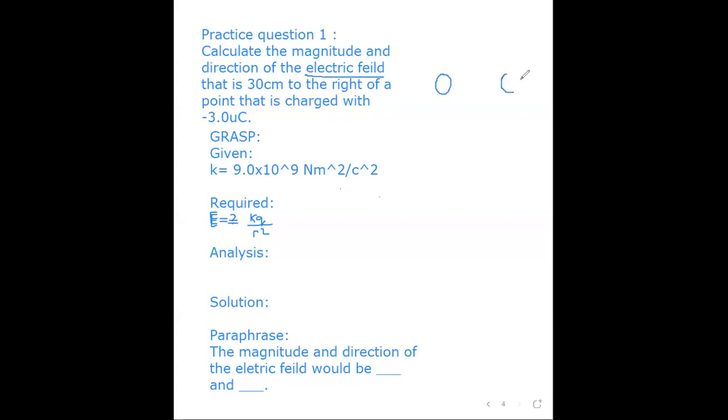If one is positive and one is negative, one of them definitely has a greater level of charge. In this case it's the negative value, so its electric field lines are going to be more towards here. You don't need to draw the diagram. I'm just trying to illustrate what's happening visually.